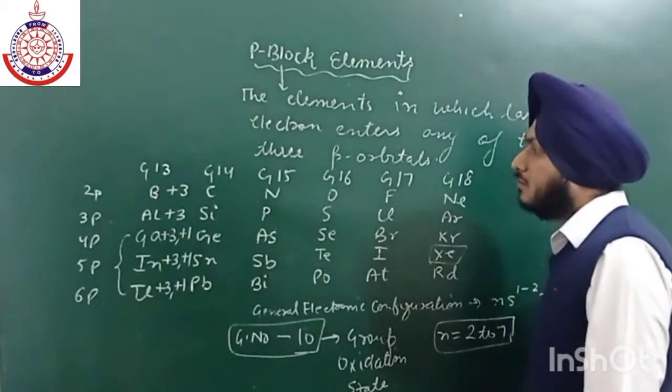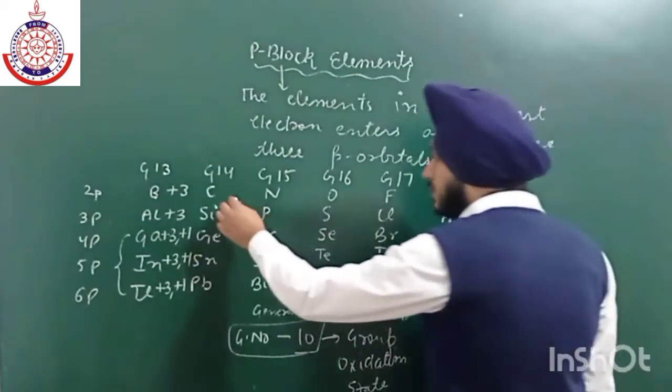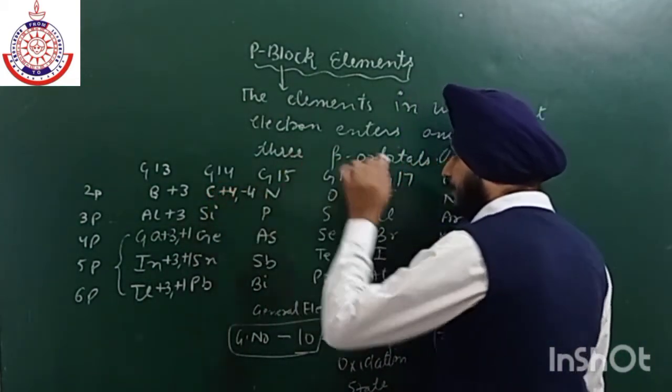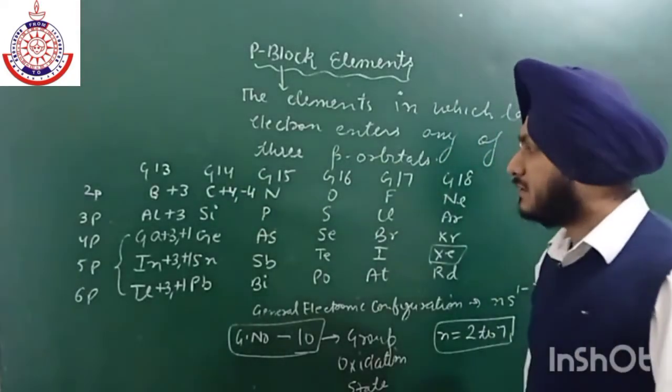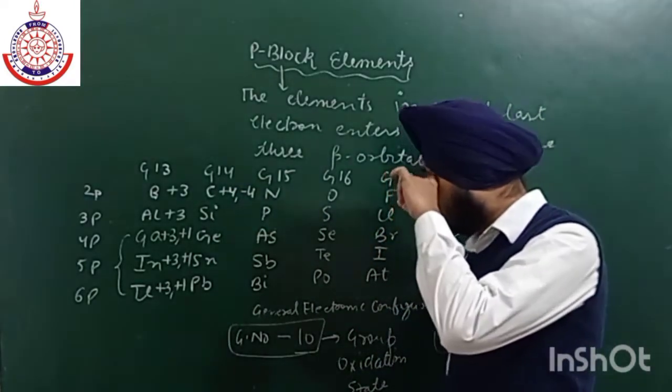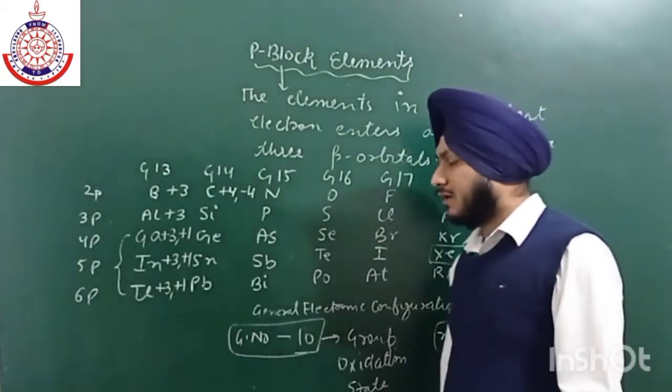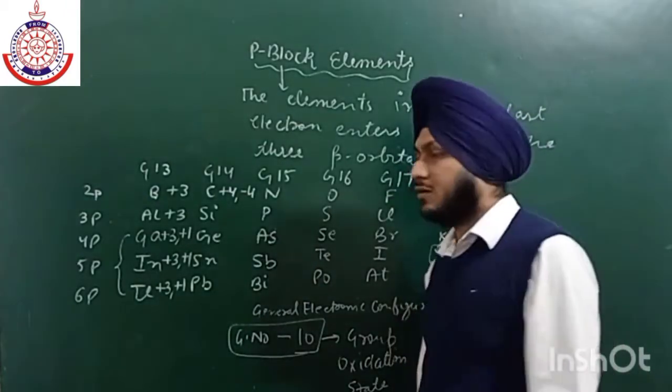Now let us talk about carbon. So carbon has a tendency to show +4 as well as -4. And if we talk about silicon, silicon has a tendency to show +4 only.